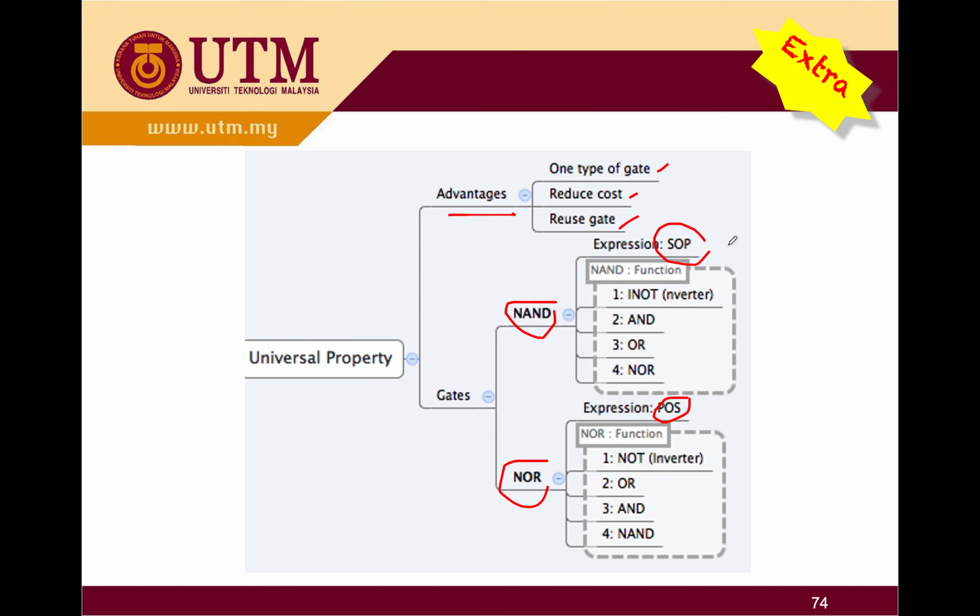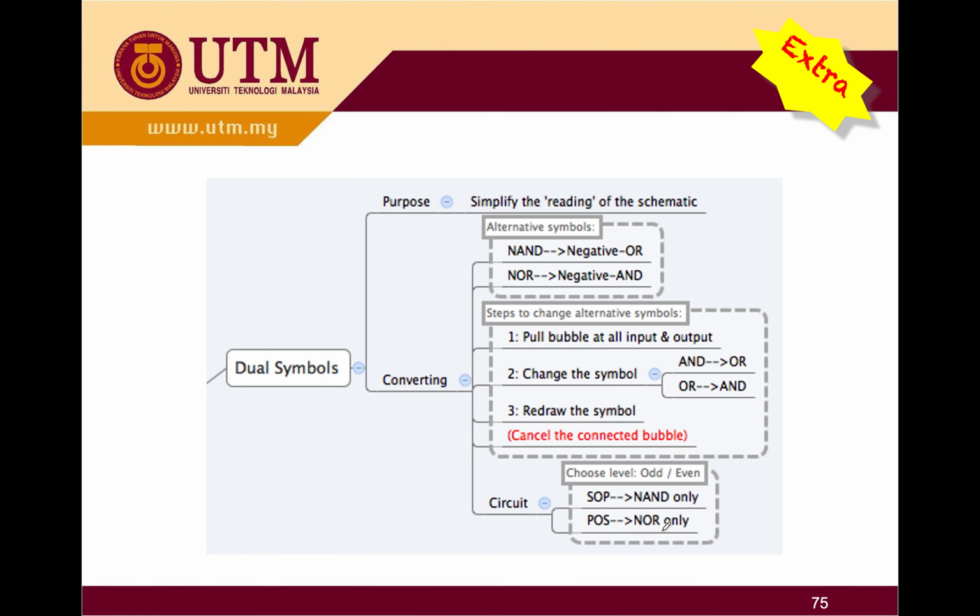Under SOP, you can see the functions normally used for NAND: NOT, AND, OR, and then NOR. While for NOR, the function is NOT OR. So it is different like this. This is the levels of your circuit, and lastly the NAND gate for your circuit.